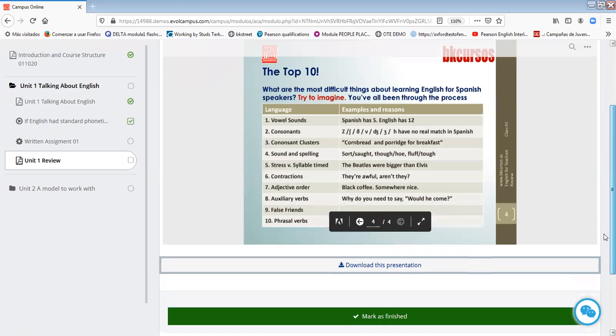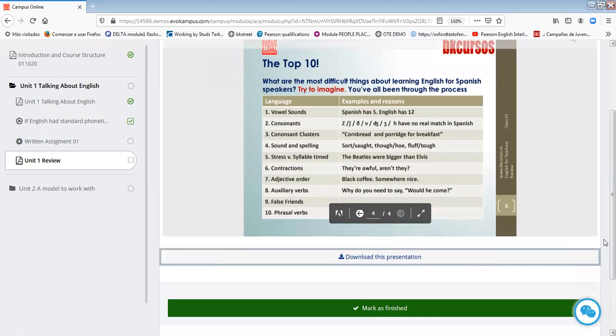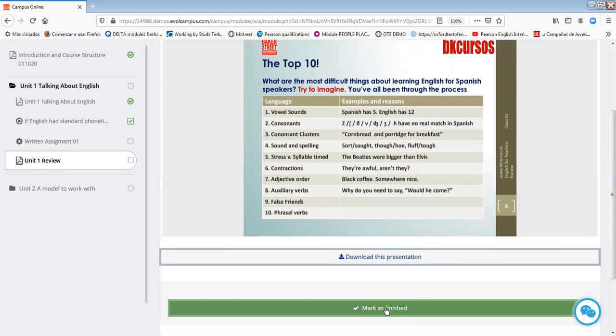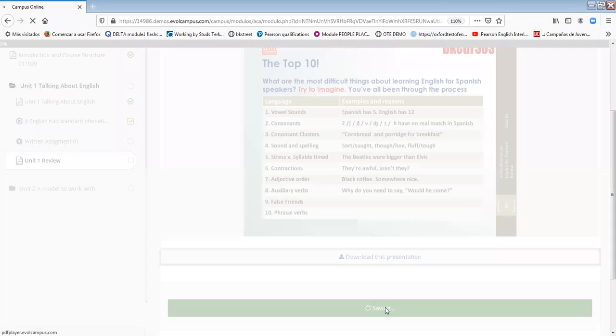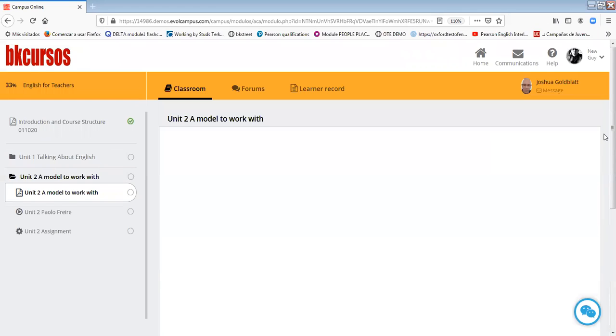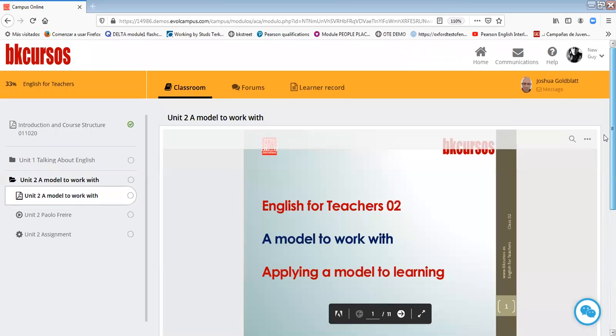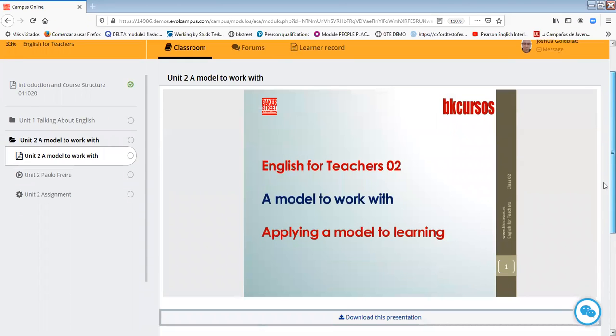Once you've done that, you can see, because I haven't completed this, once you've done it, you can mark it as finished. Once that's marked as finished, you go on to the next unit, okay?